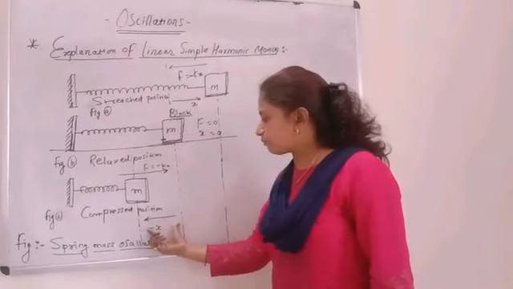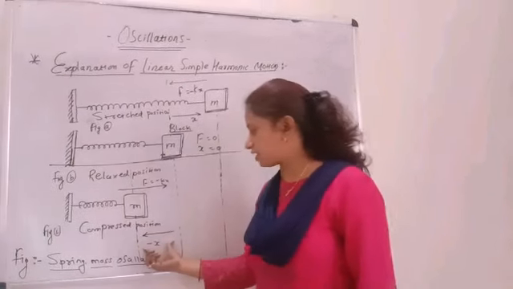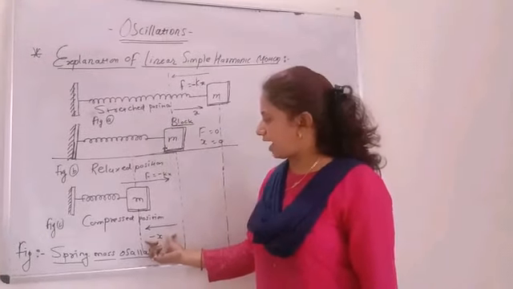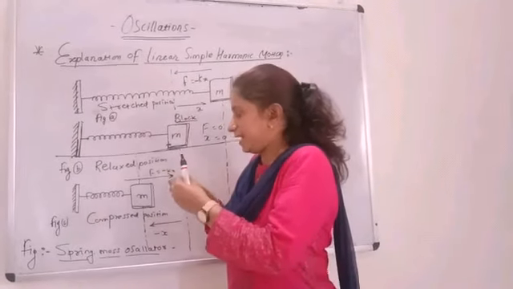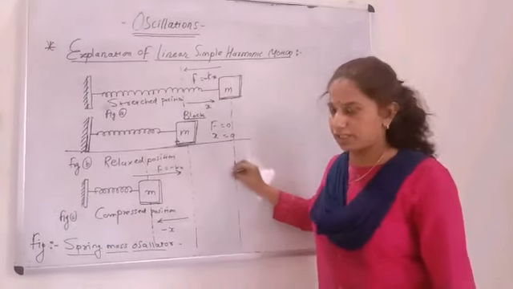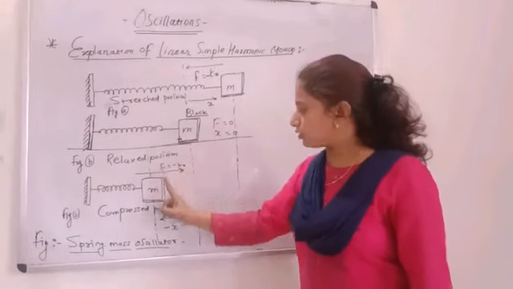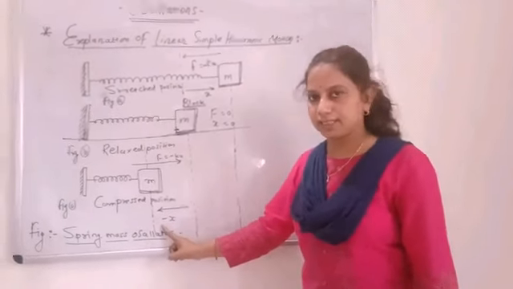The displacement is to the left side, so we put minus x. And if the block is compressed, the force is in the outward direction here. So again, force and displacement are oppositely directed.